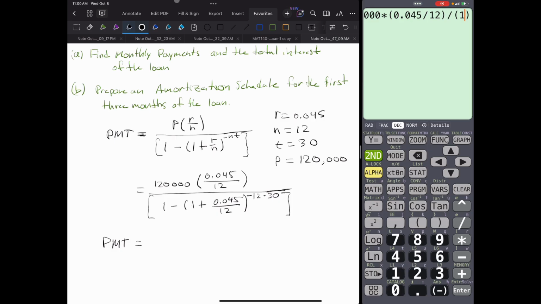But the parentheses brings in this minus, parentheses, 1 plus 0.045 divided by 12. And then that whole thing is raised to the negative 12 times 30, the total number of periods, and then close parentheses on the denominator. All right, so we hit enter on that, and that gives me a monthly payment of $608. We'll go ahead and round to $608.